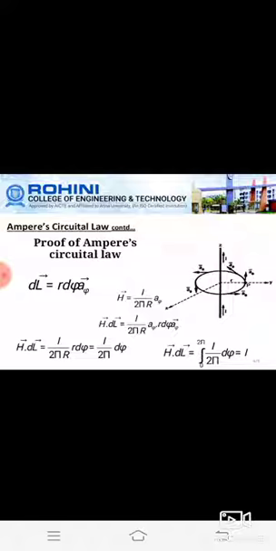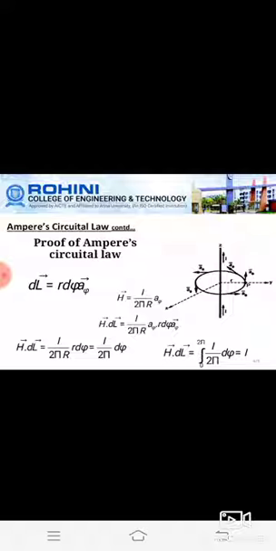Based on the coordinate system we are using, we consider the differential path and identify the symmetry, that is, in which direction the magnetic field exists. Fourth, we find H vector dot dl vector, making sure the dl vector and H vector are in the same direction. From that we find the integral of H vector dot dl vector around the closed path and equate it to the current I enclosed by the path.